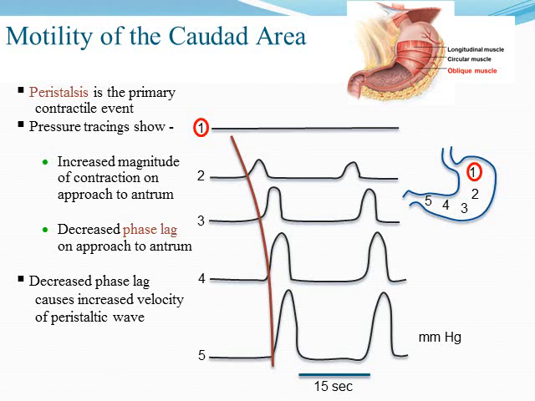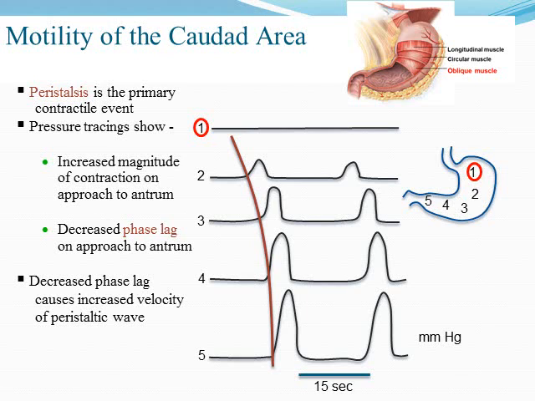And what this is doing is creating, again, changes in pressure so that the food will move down and then churn within the stomach and mix with the enzymes and the HCl.